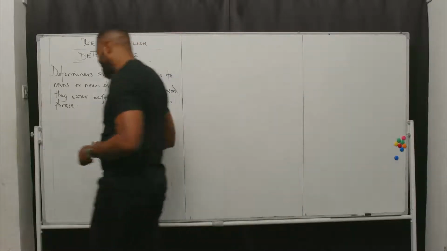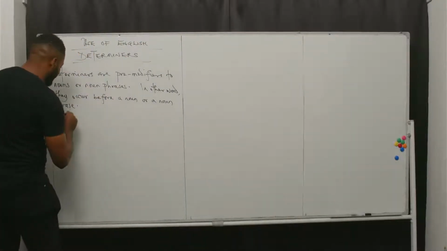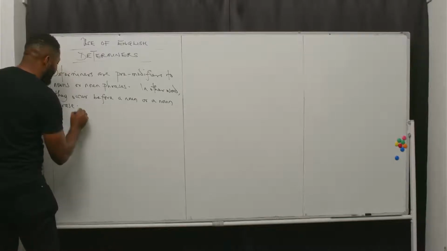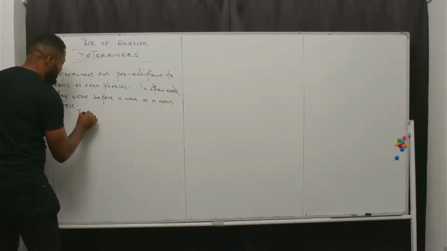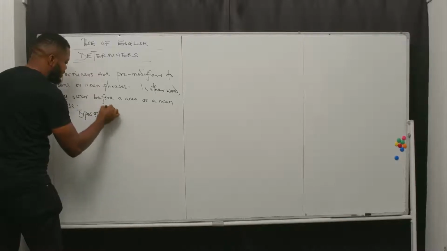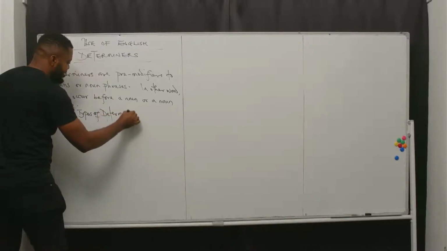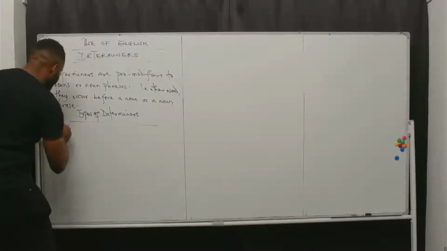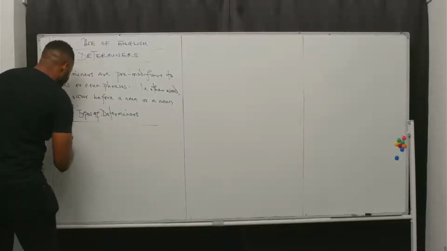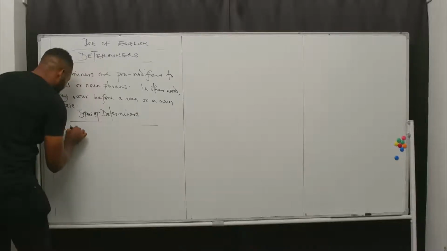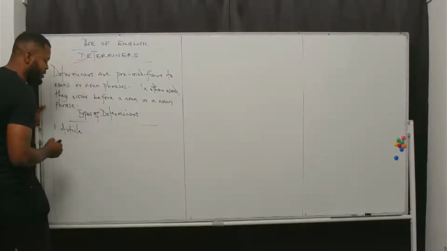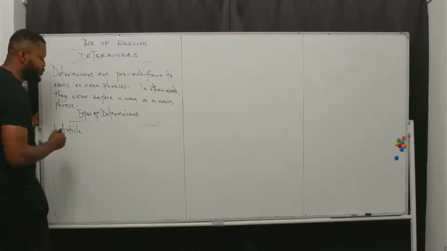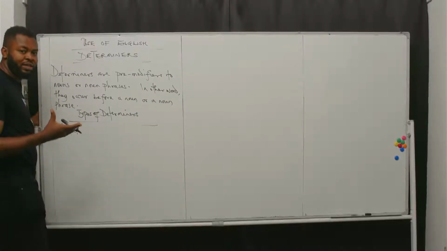Okay, so we look at types of determiners. Let's consider types of determiners. In this case, we'll be looking at articles. When we talk about articles, we're referring to the 2 aspects of it.